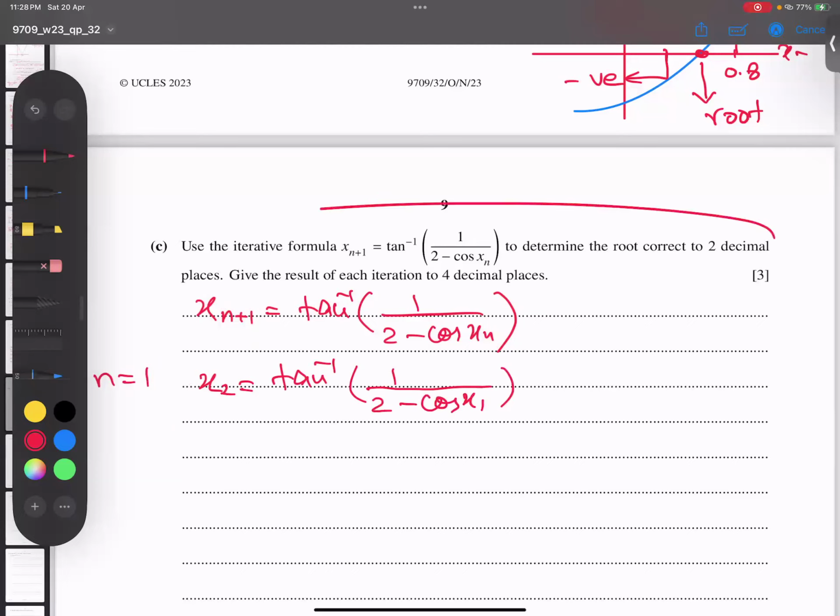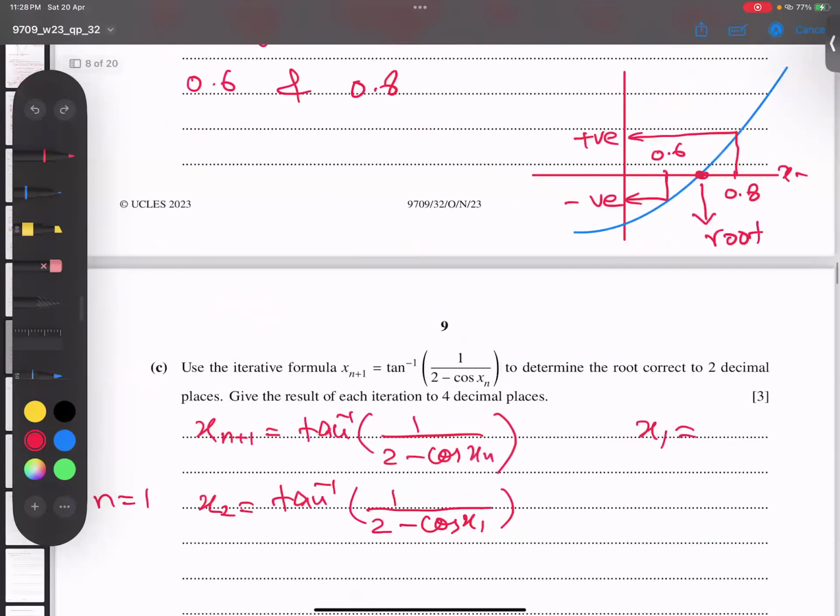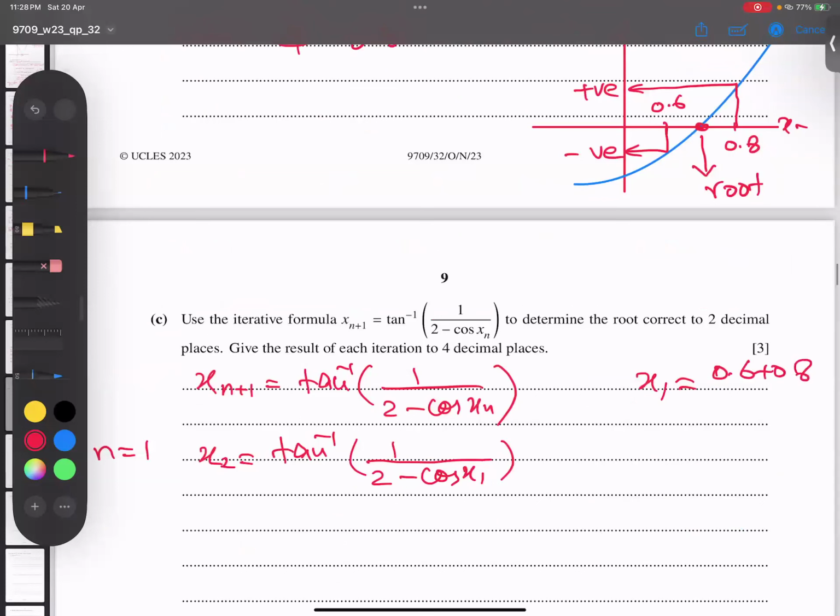But my question, did he give you any initial value? Not at all. When not given, what to do? Take the average of these two numbers, 0.6 plus 0.8 divided by 2, which is obviously 0.7. So 0.7 comes in the place of x1. Let me type tan inverse of 1 over 2 minus cos of 0.7.